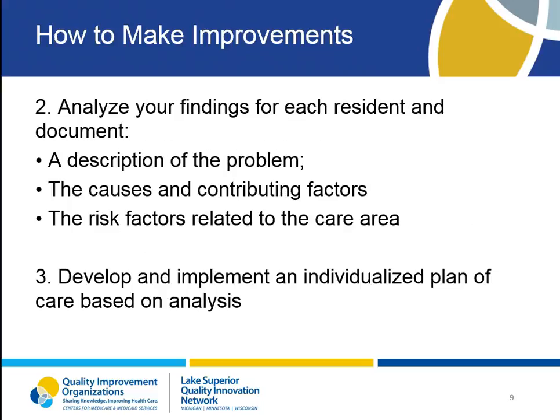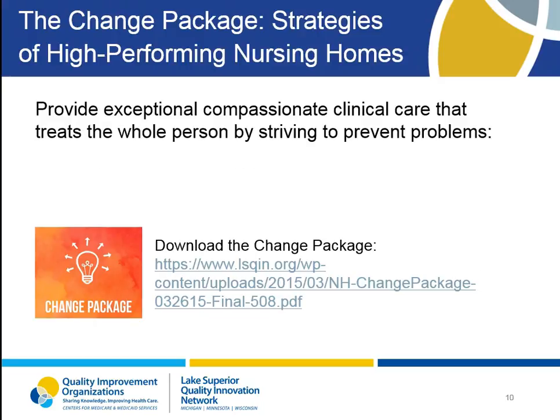Then, analyze your findings, and for each resident, document a description of the problem, the causes and contributing factors for the indwelling catheter, as well as the indwelling catheter risk factors. This information should then be used in the development and implementation of an individualized plan of care for each resident.